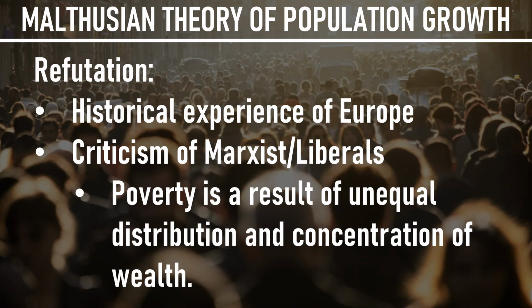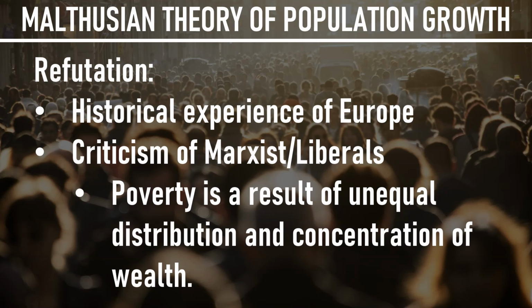So since Malthus's theory was primarily based on agricultural economy, he failed to consider the industrialization and the impact of that on population growth. This theory also received massive criticism from Marxists and liberals, who stated that poverty is a result of unequal distribution and concentration of wealth, and it's not because of natural causes and population growth.